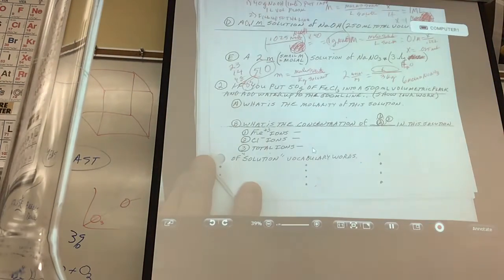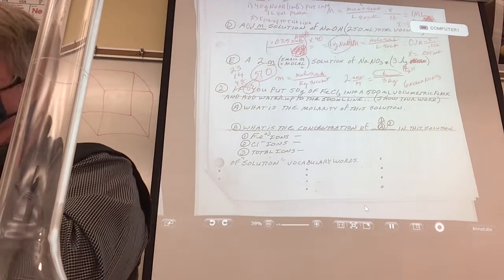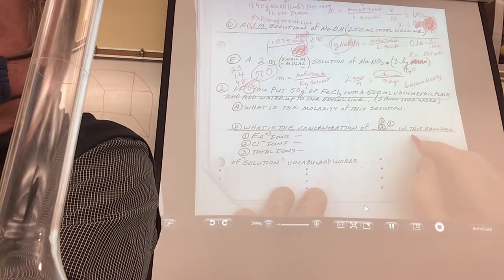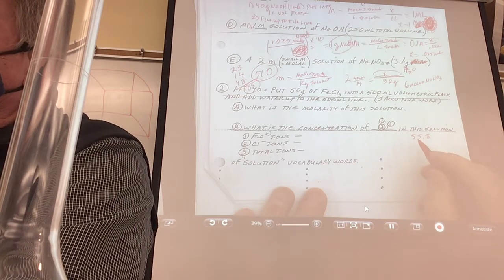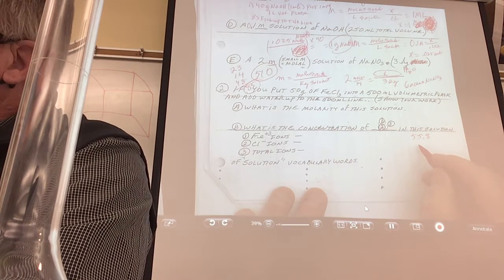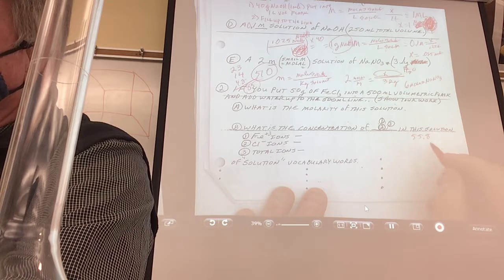So there's 50 grams, 500 milliliters. I found the molar mass of FeCl3. Fe is 55.8, so 56. Okay, and then what about Cl? Cl is 35.5, times 3, that's 71 plus.